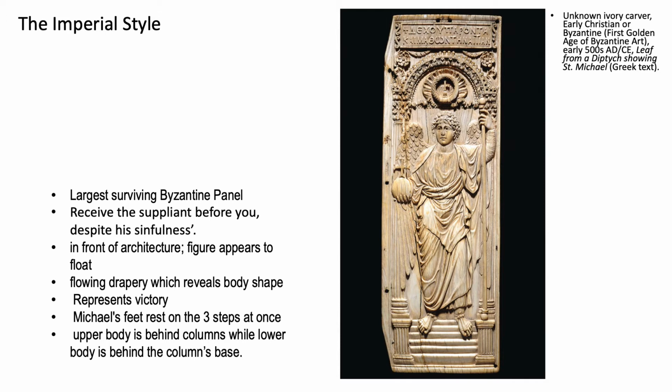So this harkens back to the Roman and Greek traditions of wet drapery in classical art. They're still carrying some of those Roman traditions forward. St. Michael represents victory, the victory of Christianity over Rome in general.